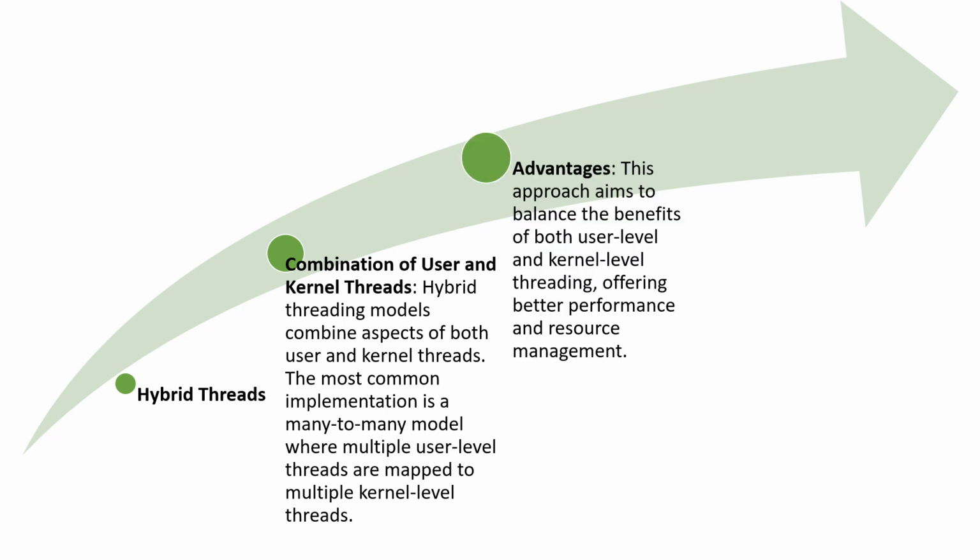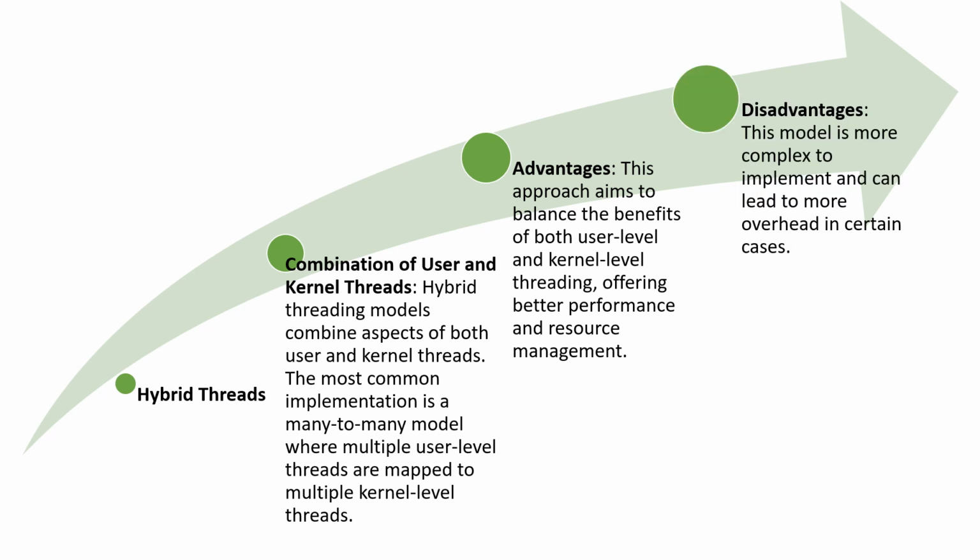The advantage here is that this approach aims to balance the benefits of both user level and kernel level threading, offering better performance and resource management. The disadvantage is that this model is more complex to implement and can lead to more overhead in certain cases.